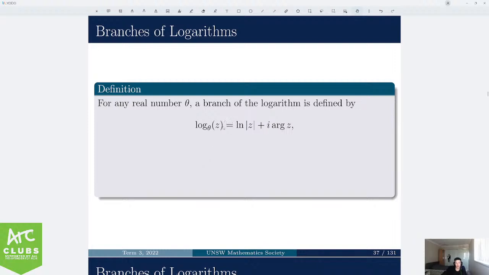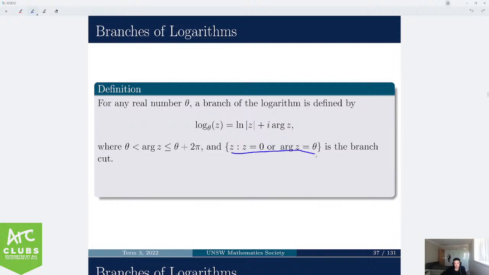Moving on to some branches of a logarithm. For any real number theta, a branch of the logarithm is defined by log subscript theta of z equals ln absolute value z plus i arg z, but the arg z is going to be between theta and theta plus 2 pi, and that's what we define as a branch of a logarithm.